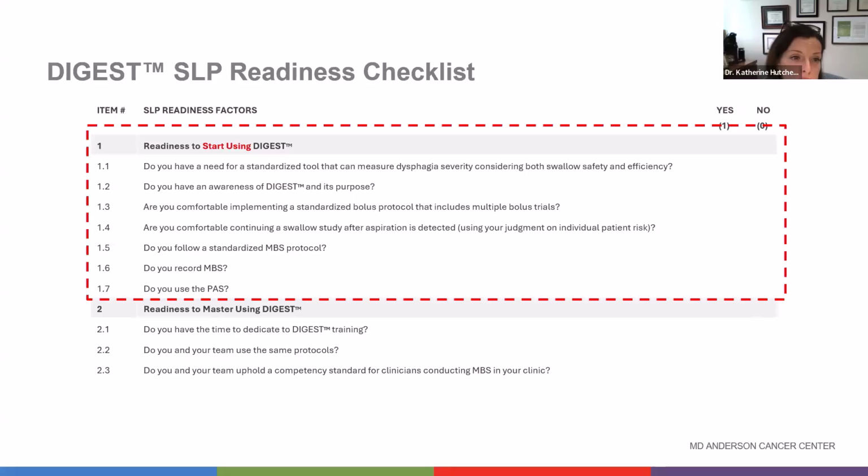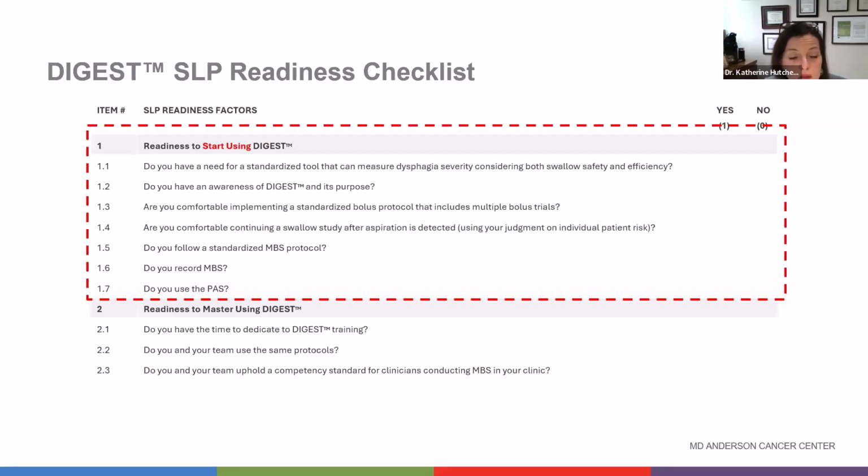So clinicians told us that to start using Digest, there needed to be a perceived need for a standardized tool that could measure dysphagia considering both safety and efficiency. The clinician needed to have a general awareness of Digest and its purpose and be comfortable implementing a bolus protocol that included multiple bolus trials.